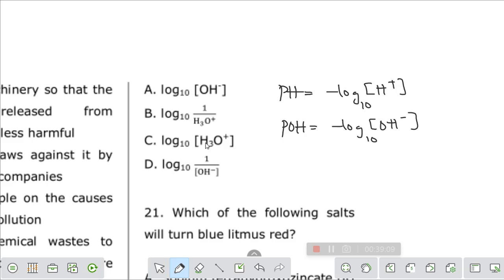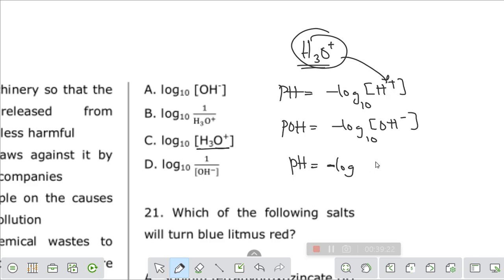Now look at what they do here. This one is the hydronium ion. I told you when I was teaching pH that the hydronium ion is the same thing as H plus. So pH can also be equal to the negative logarithm of H3O plus to base 10. So it's still the same thing, right?